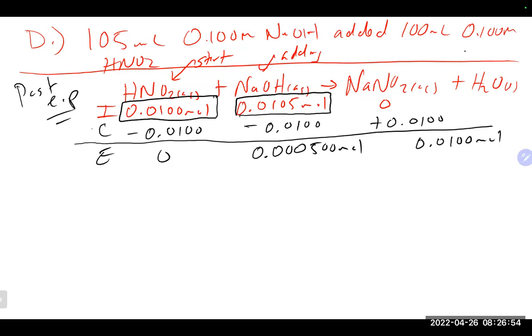Total volume at this point is 100 that we started with, 105 that we added. That is a total volume of 205 milliliters.